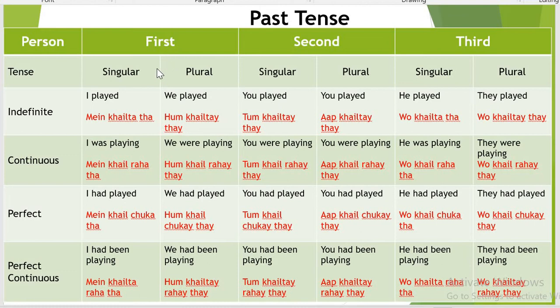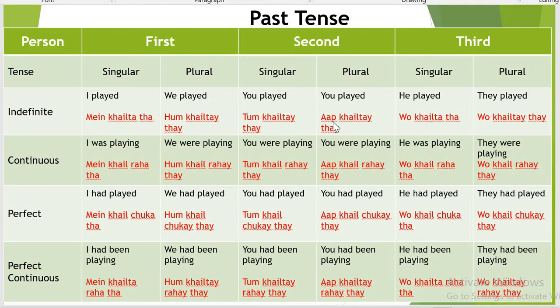Okay, so let's have the same example, the first example, where now, instead of I play, it will be I played. Now, how would you say in Urdu? I played. मैं खेलता था. We played. हम खेलते थे. You played. तुम खेलते थे.